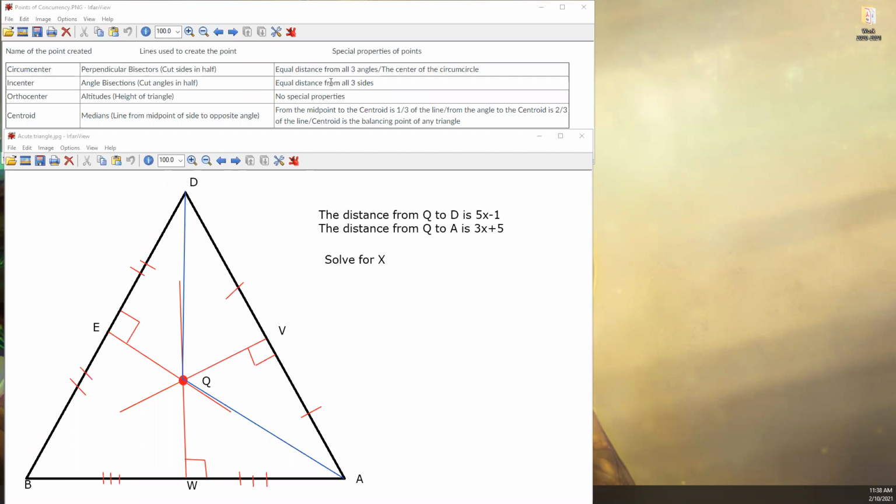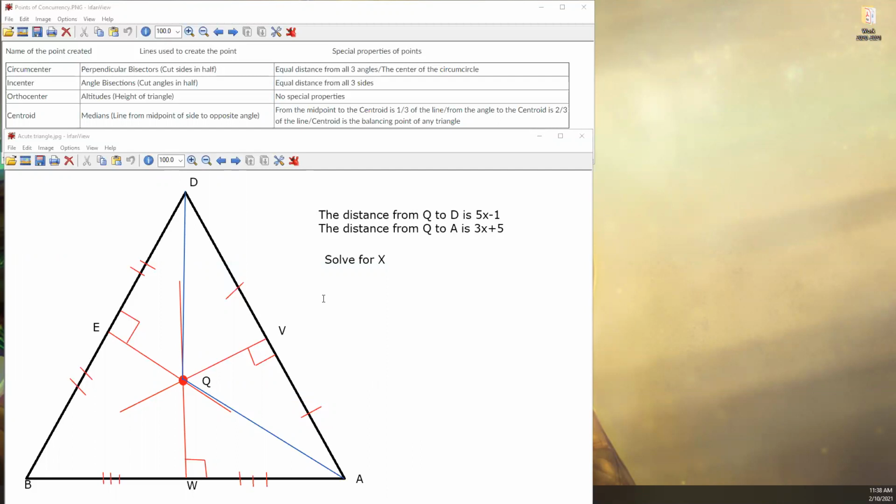And what's one of the properties of circumcenters? Well, they're equal distance from all 3 angles. Well, Q to D and Q to A are both distances to angles, right? Anytime you see algebra in geometry, all you have to find is an equal sign. Something is equal to something, and then you can solve.